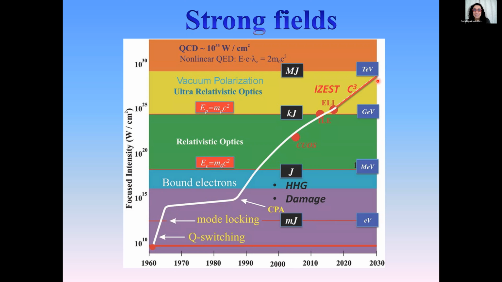So extreme that maybe in the future we're going to be able to polarize vacuum and have nonlinear QED. Nowadays, we are around here. And if you're wondering, shall I put my hand in front of it? Here, you should already stop much before. These intensities are really, really, really high.